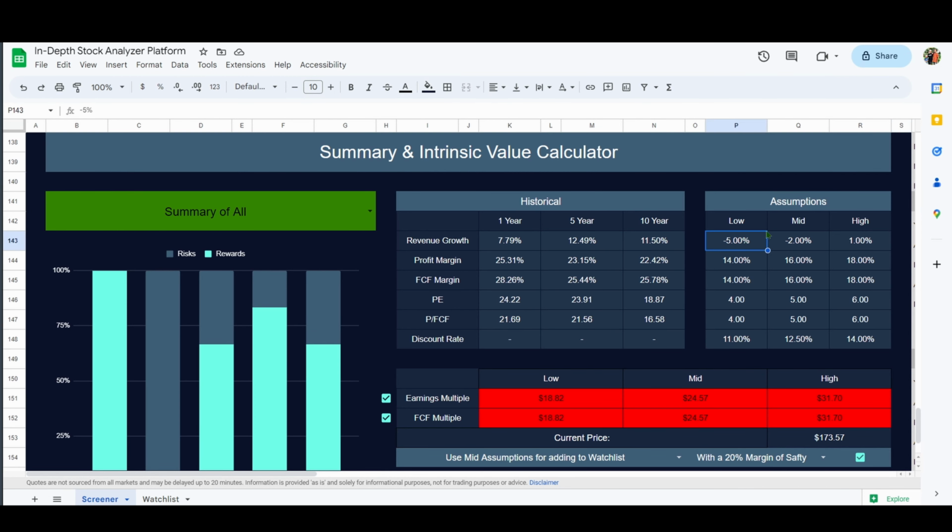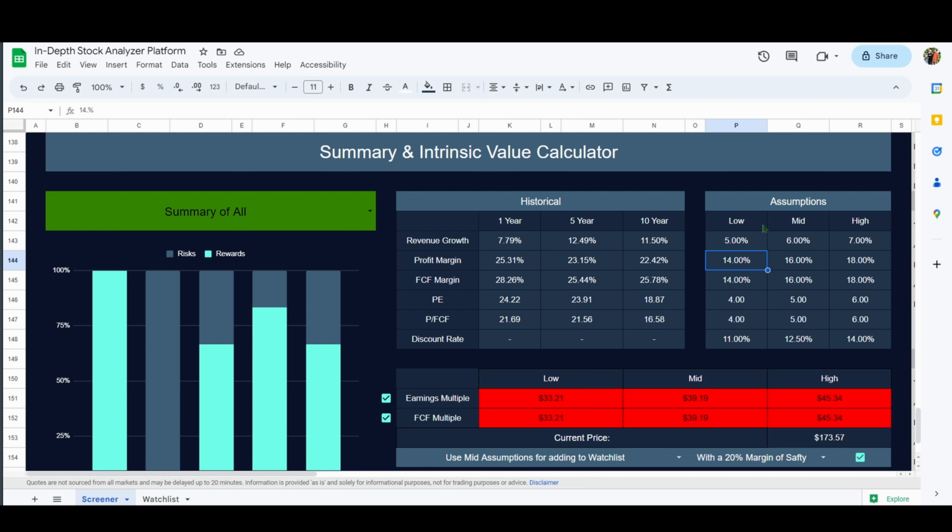So you want to calculate its intrinsic value. So you add in your assumptions, right? You think that it's going to grow, like, I don't know. Well, that's actually maybe a little bit overkill for Apple. Apple doesn't usually grow as much as Microsoft does, so we should probably tone that down a bit.